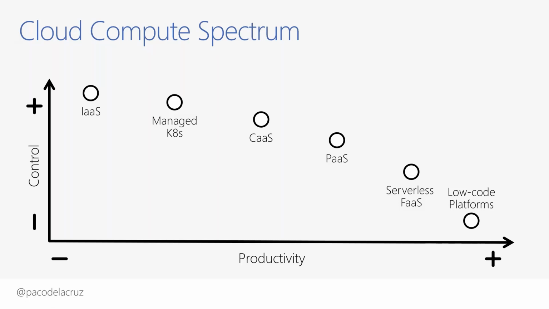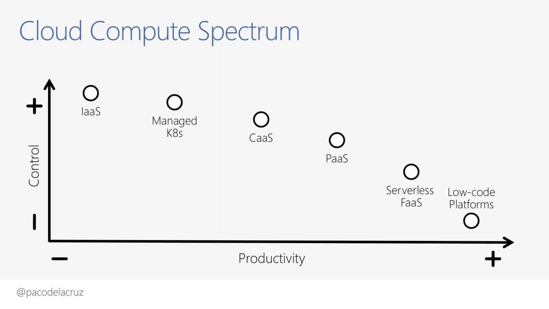Before we start talking about serverless, let's talk about the spectrum of cloud computing. There are different offerings on the cloud that we can leverage to implement our solutions. Some of them offer us more control, and some of them would give us more productivity.